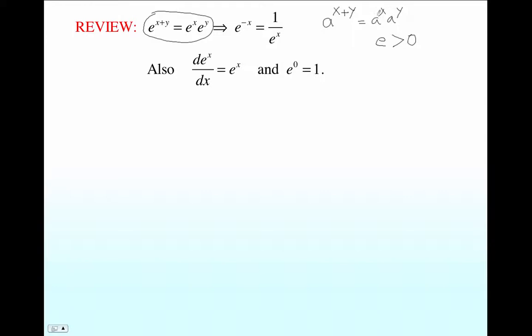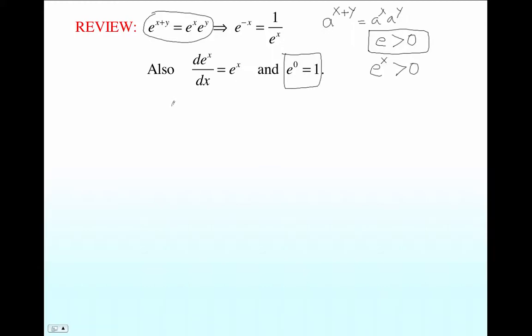Else we would get a negative number to some exponent, and we'll handle that at some later time. But we shall put as a requirement that e be a positive number, in which case e to the power x also has to be positive. Now, mind you, we don't know the value of e as yet, but we will find out. And of course, e to the power 0 is equal to 1 because that's true for any number.